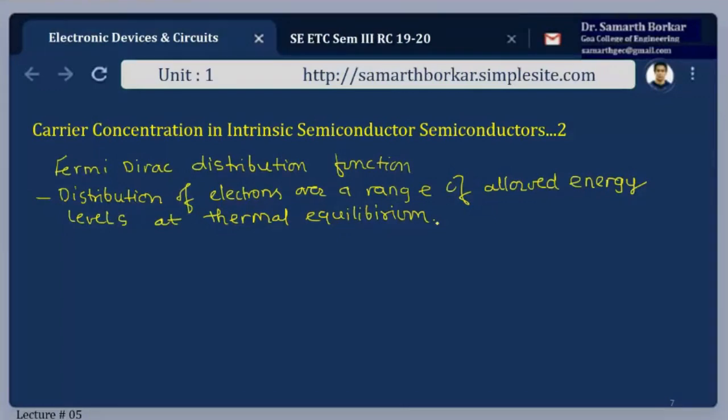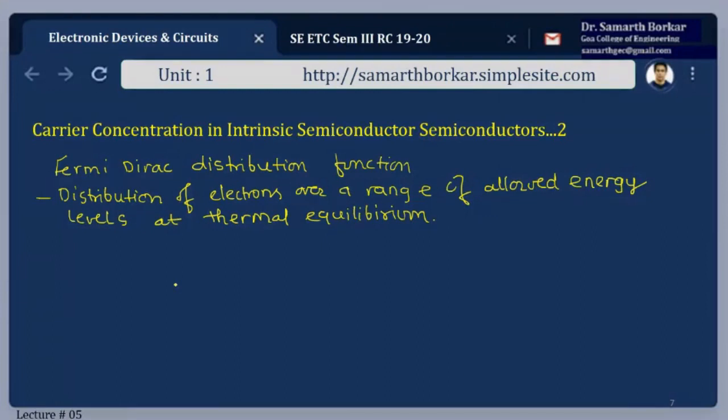Now, understood what is the Fermi-Dirac distribution function. The conduction band is made up of different energy levels. Say there are 100 energy levels, and let us consider one energy level, say 1.2 electron volt. From the Fermi-Dirac distribution and the given temperature, we can make out whether that energy level is occupied by an electron or not. So it tells you about the occupancy.